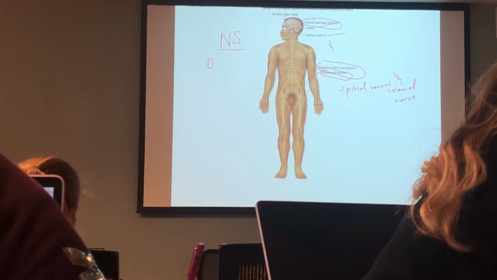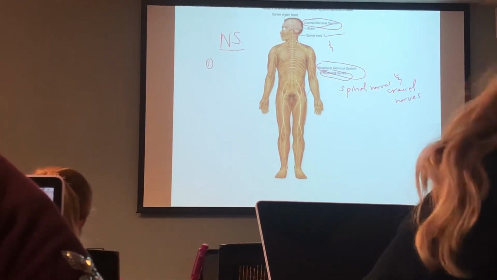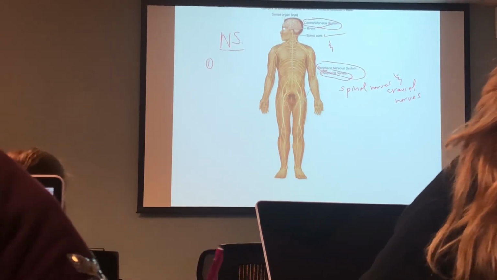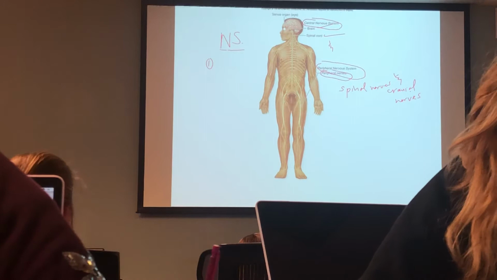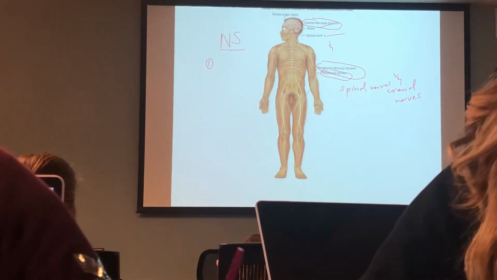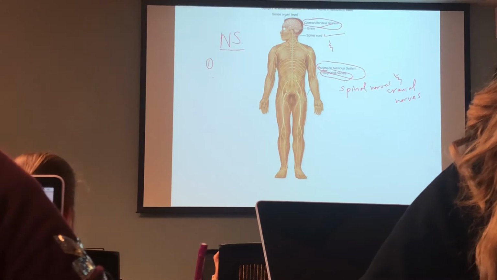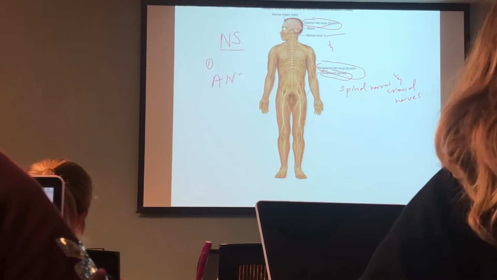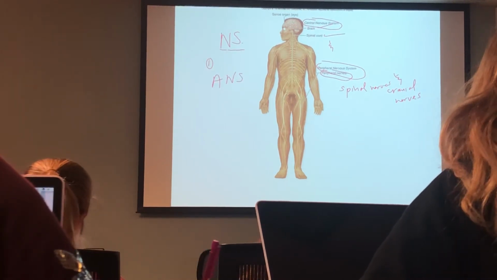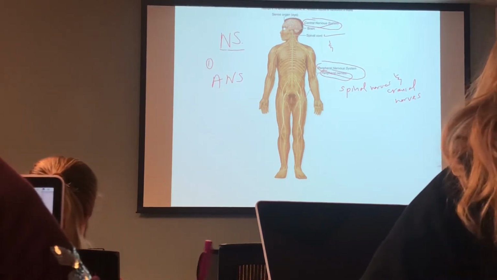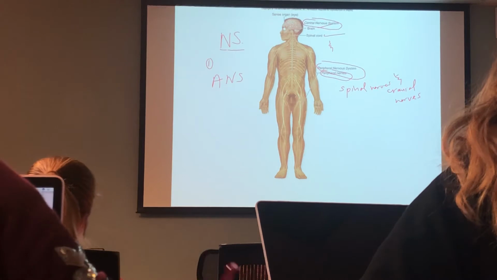You folks are definitely going to learn about the cranial nerves in the latter part of this course, where you have to map some of these cranial nerves and where they course through. So that's the nervous system. This system also has a functional component, the ANS, the autonomic nervous system. That's the network that never sleeps.